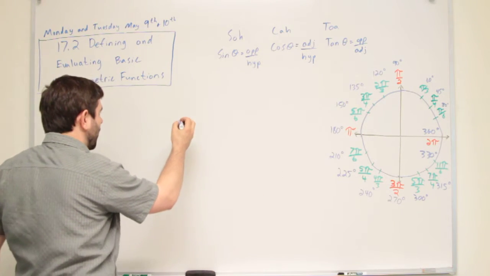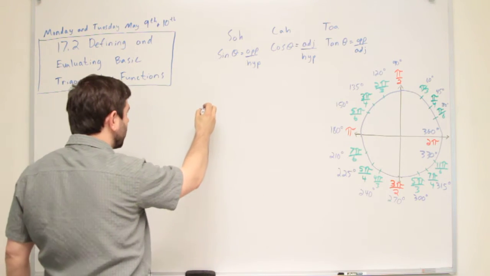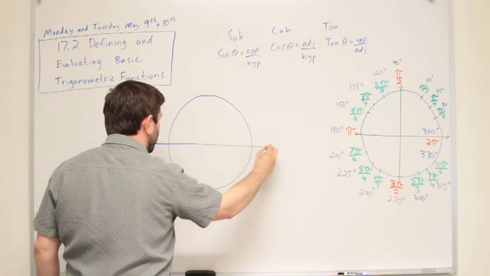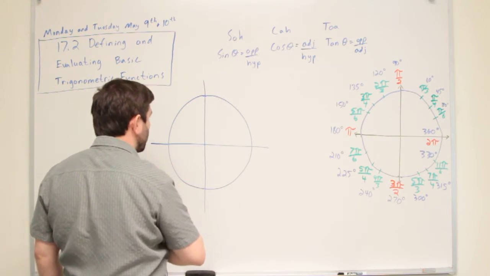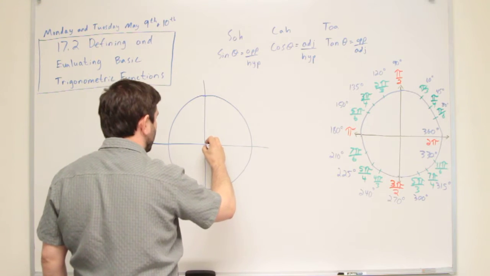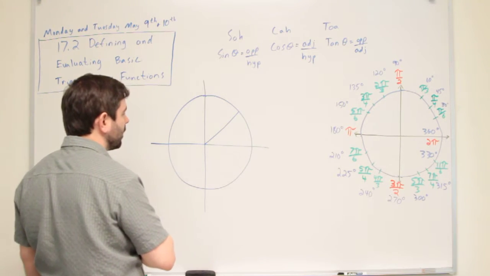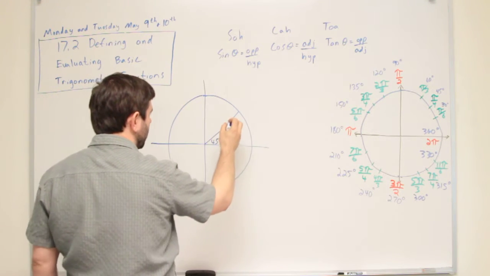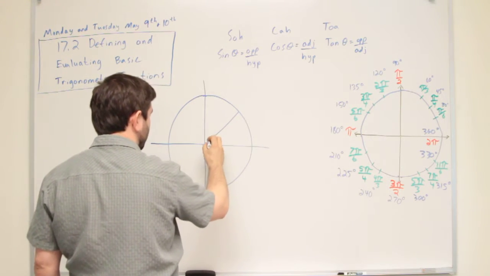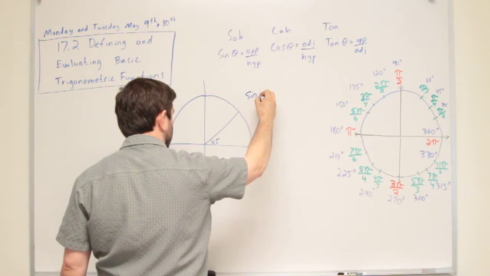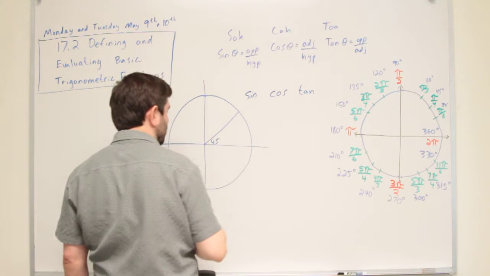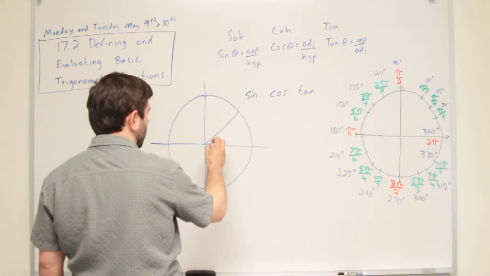And let's take a look at a particular angle here. So here is our unit circle. If we wanted to take a 45-degree angle there, we're going to evaluate sine, cosine, and tangent of this angle.